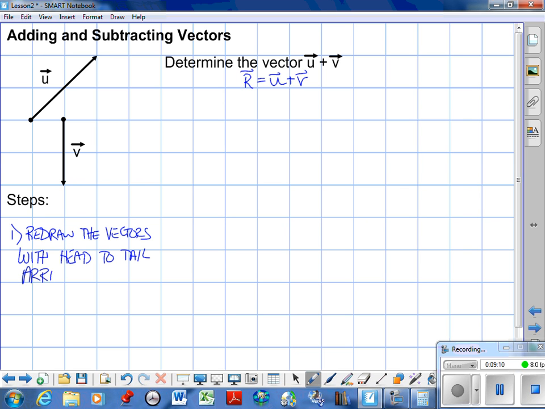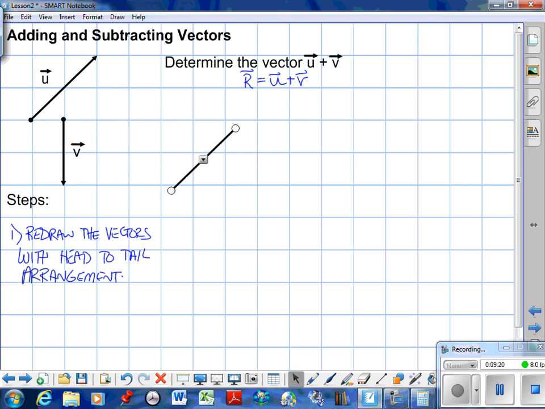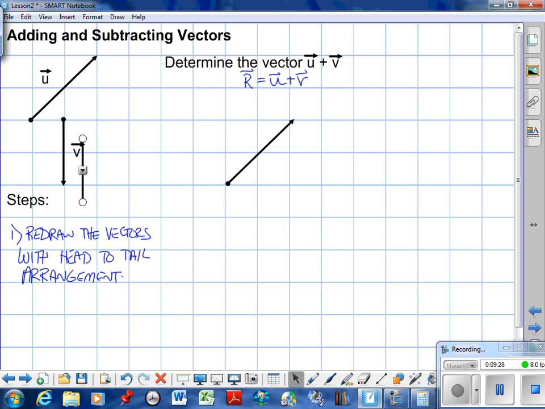So it doesn't matter what vector you start with. If you have a straight edge, it's great, but if not, you can kind of freehand this. So I'm going to take my u vector and move it over here, somewhere where I have space. I'm going to take my v vector and do the same thing, and arrange it with the head and tail lined up. So the u vector, think of it as directions.